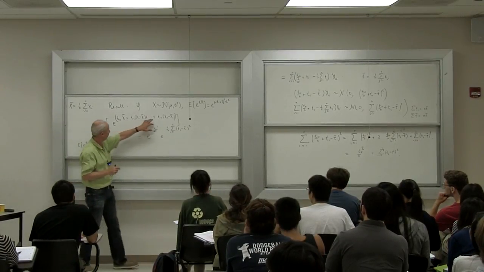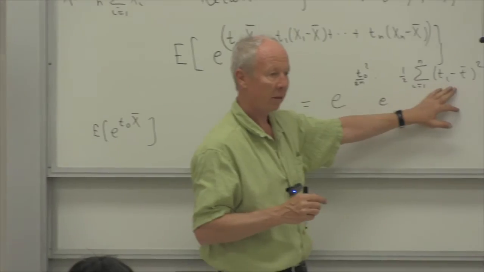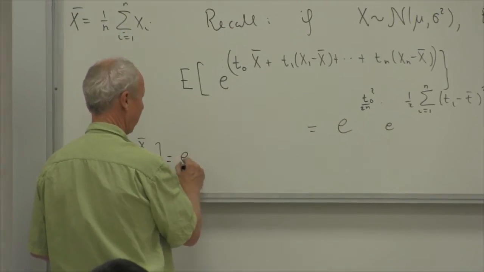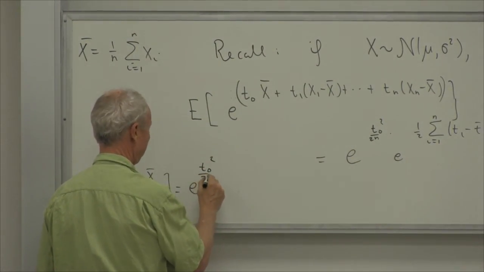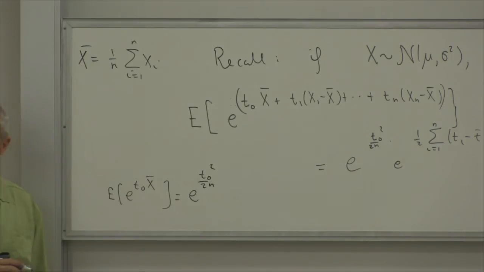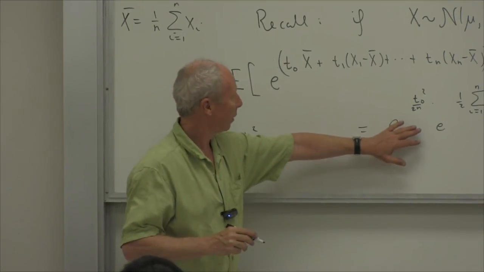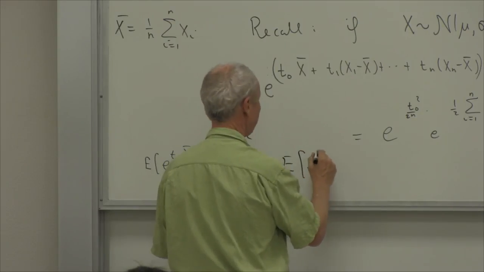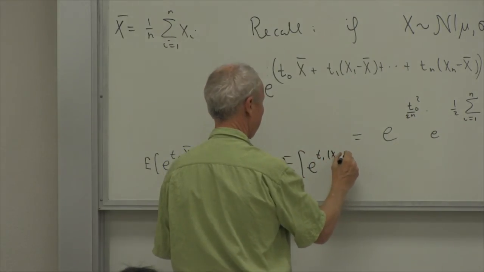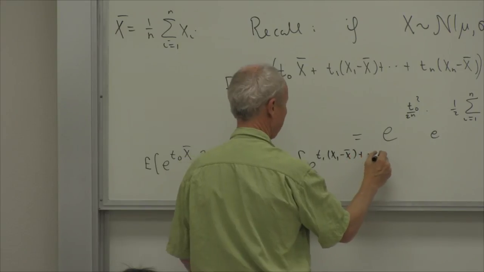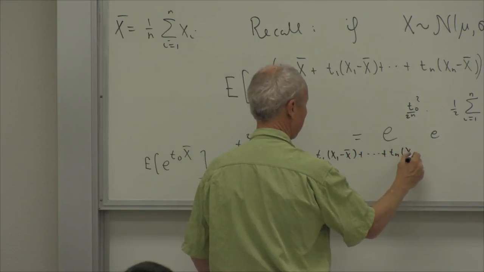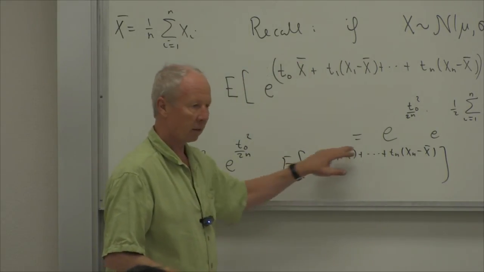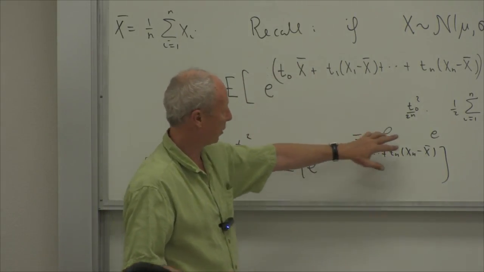Then this will be 0, that'll be 0, that'll be 0. And what do you get here then? 0. And what is this part? That's if I take t naught to be 0, that's what I get here. And what if I take t naught to be 0? I just get this.